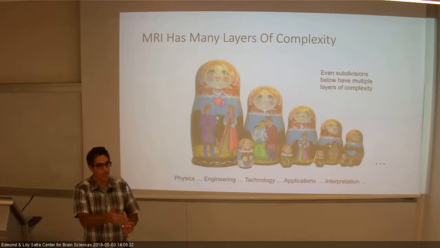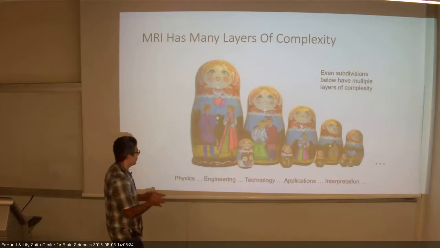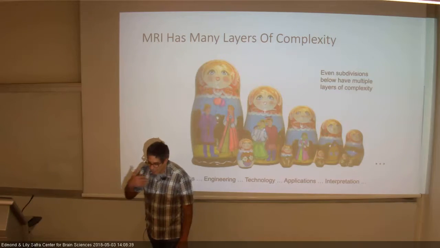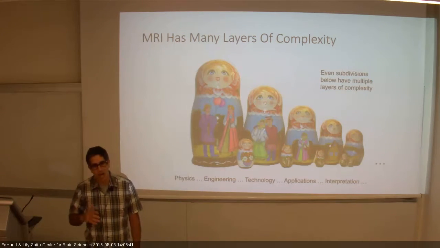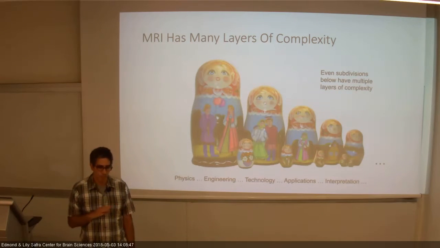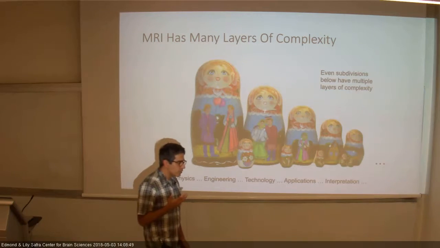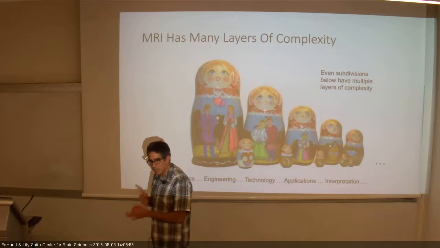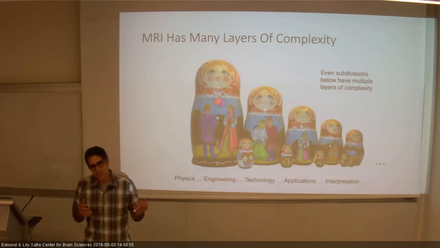There are many layers, and it's typically the case that someone is really good in one, and it's rare that people fully understand it from the beginning to the end, or how you would use it for cognitive research and also really understand the physics very well. Some of them wouldn't know it, and sometimes that also raises critiques of users. You don't understand your machine, others say, oh, but you don't know what to do with it. So you will get a taste of that.